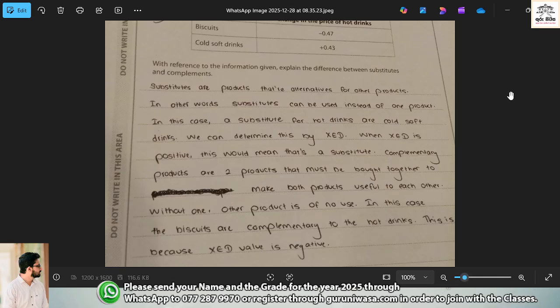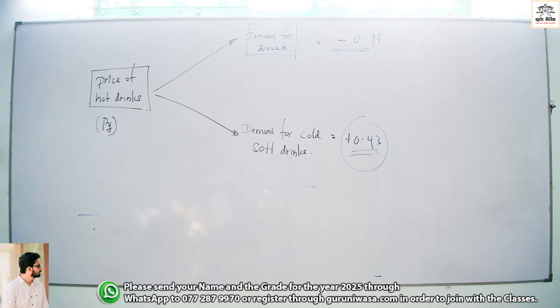Done, sir. Okay. Cross price elasticity of demand part is over. Income elasticity of demand is also over.